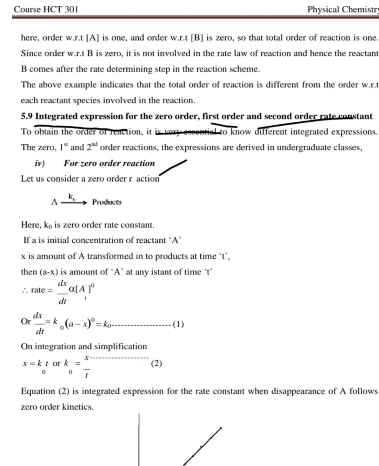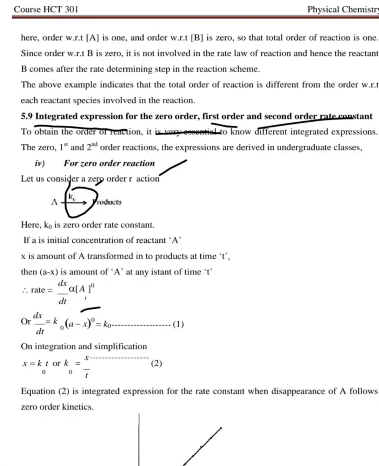A gives the product with respect to K naught, this is the rate constant. K naught is the zero order rate constant. It can be written as rate is equal to dx by dt proportional to A to the power 0, from 0 to t. Why have we taken A here?